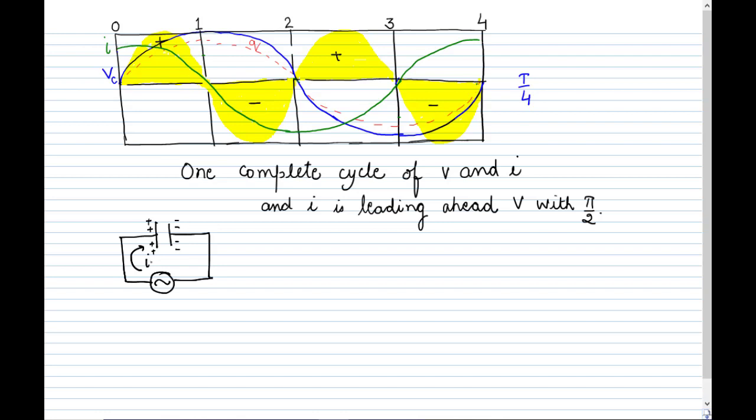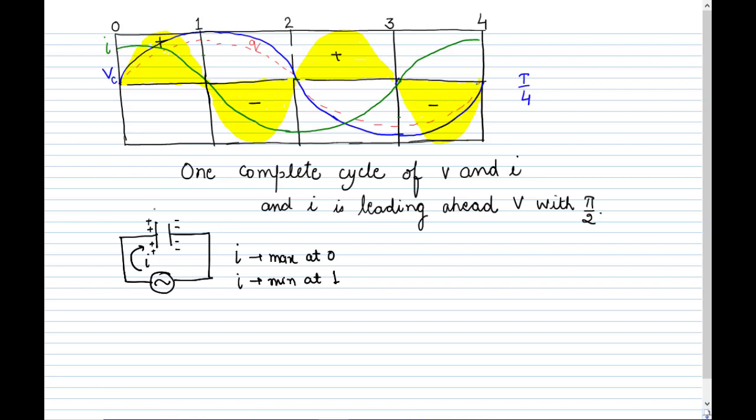So the current I starts from maximum at 0 and it goes to 0 at 1. As you can see from this graph, the current is maximum at 0 and it is 0 at 1.